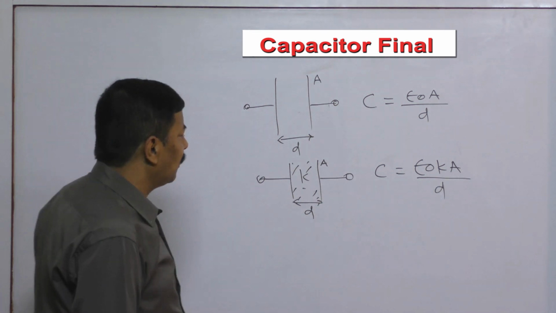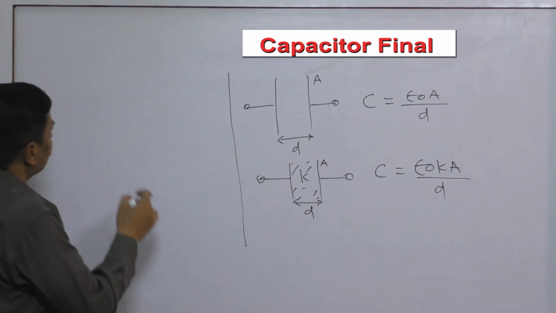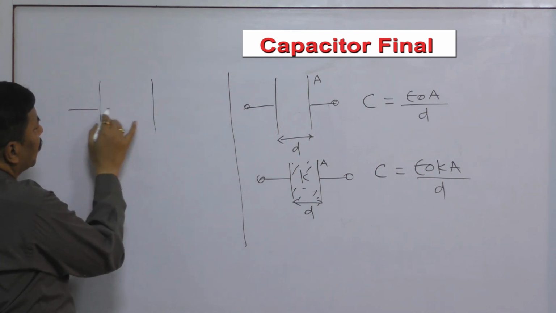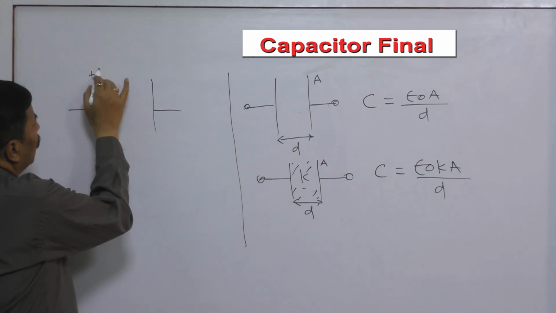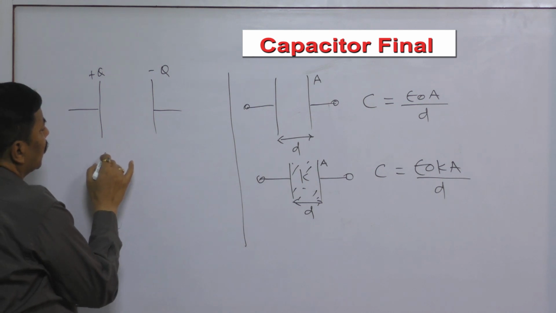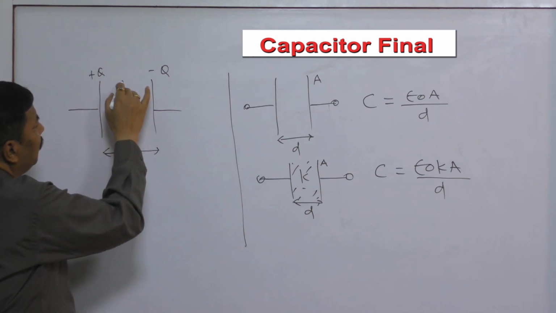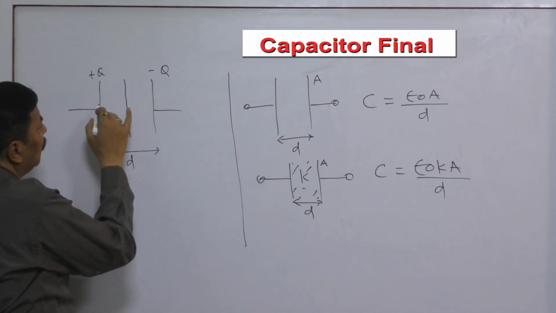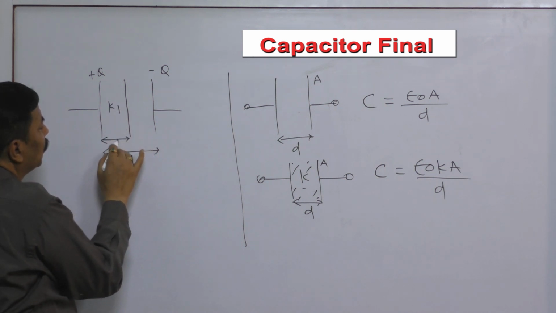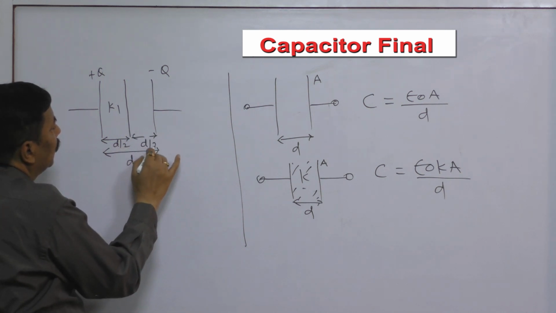Now next thing I would like to tell you, suppose a situation is there in this way. The same capacitor is there, plus Q minus Q, but this time the distance remains the same D, but this time it is filled with K1. This distance is D by 2, and this distance is again D by 2.